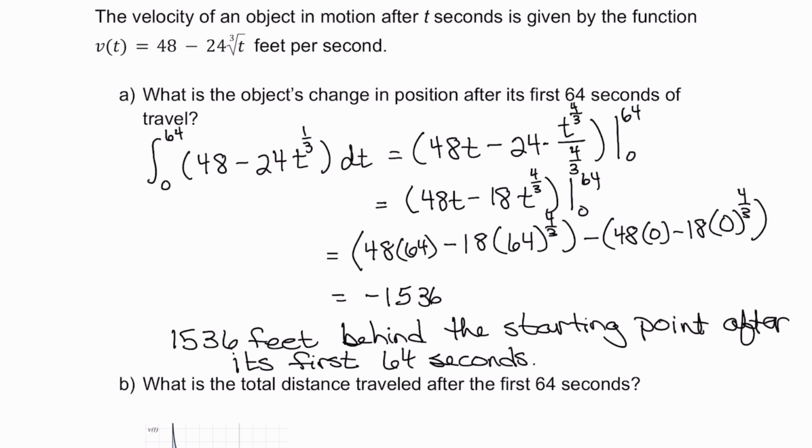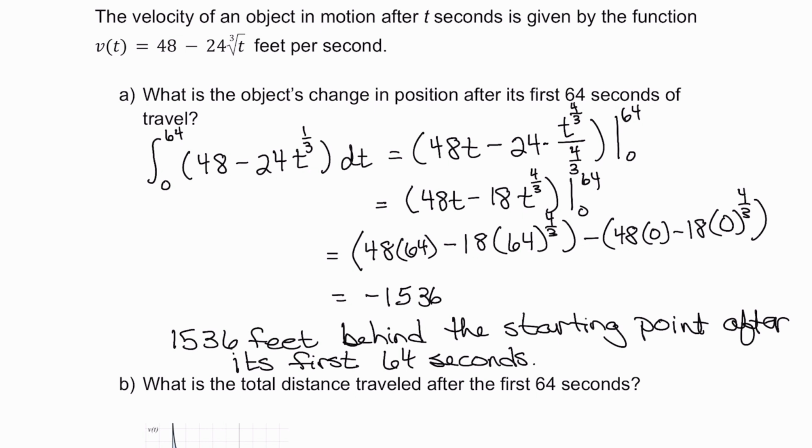I have graphed the velocity function down here underneath part B, and you'll notice that the graph has some portion of it that's shaded above the t-axis and a larger region that's shaded below the t-axis. And that's actually in line with what we got for part A. We ended up with a negative value overall, and that's because more of the shading was below.